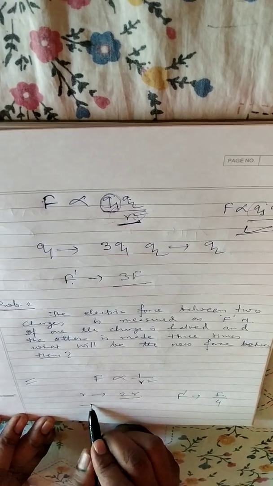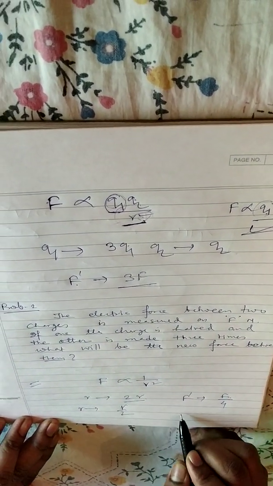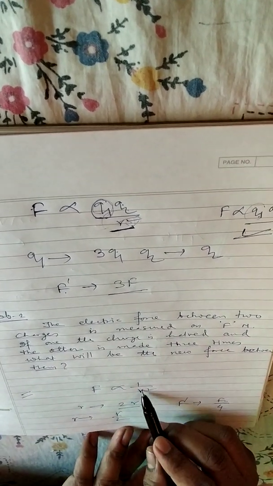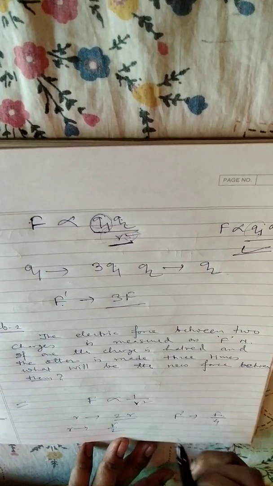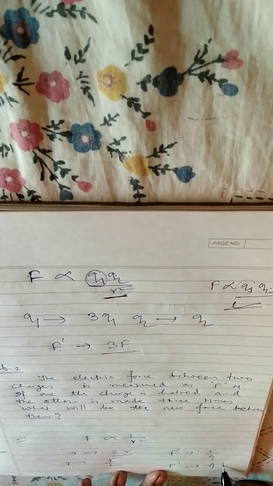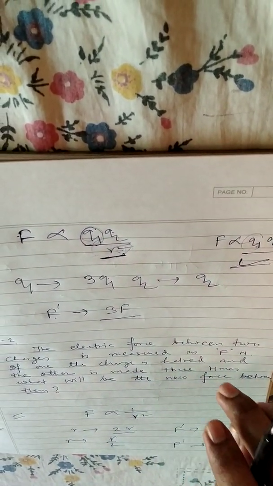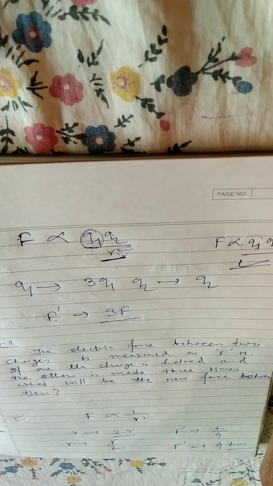If r becomes half, that is r by 2, obviously r by 2 whole square, F dash will become 4 times. So these are the simple problems you can solve, and these are also important and interesting from the exam point of view.